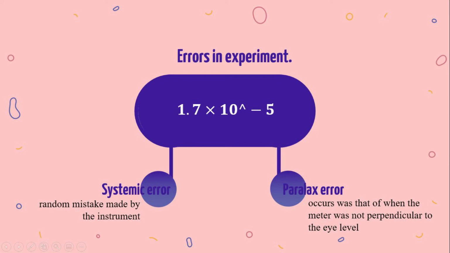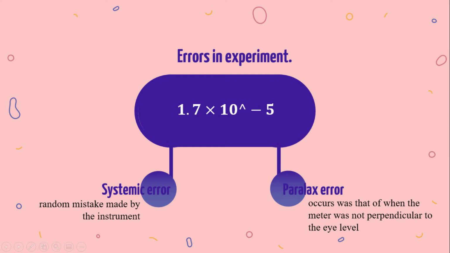In this experiment, the major source of error was a random error made by the instrument. However, this error was incredibly difficult to negate, and it did not produce a large discrepancy. Our findings were very close to the actual value, as the error is very minimal, which is just 1.7 multiplied by 10 to the power of negative 5, smaller than 1.0.